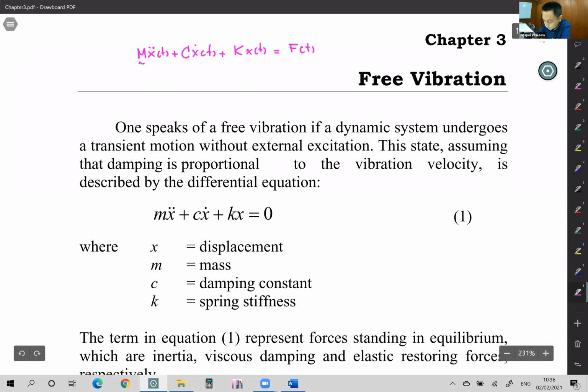In this case, M is a matrix and X is a vector. M, C, K, every term is either a vector or a matrix.